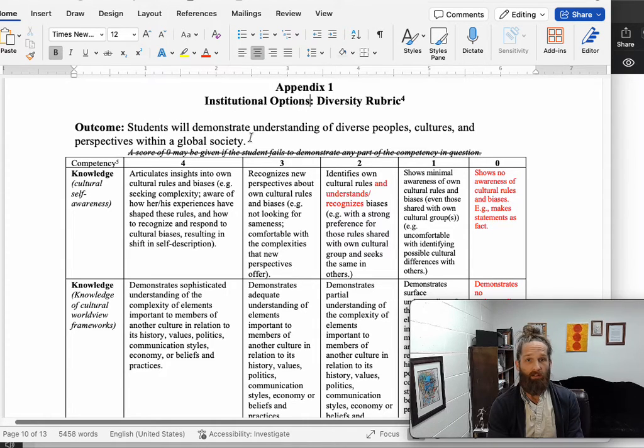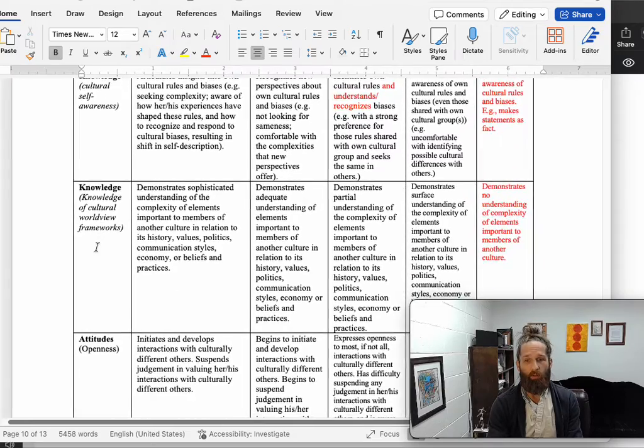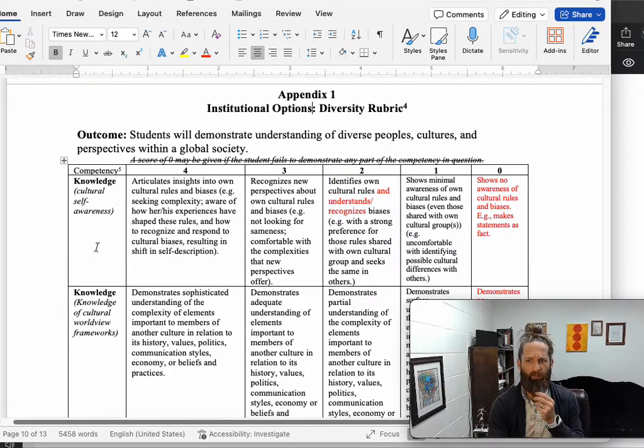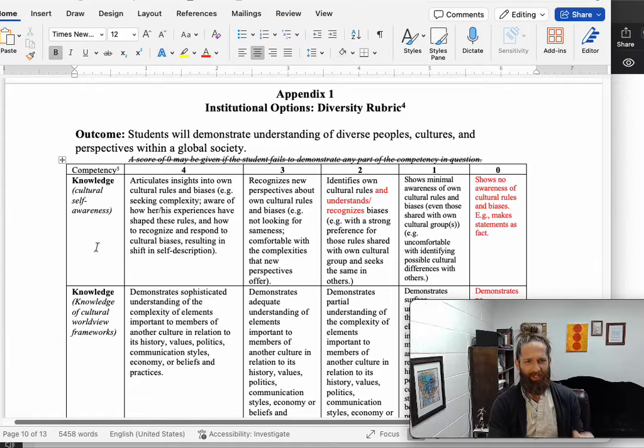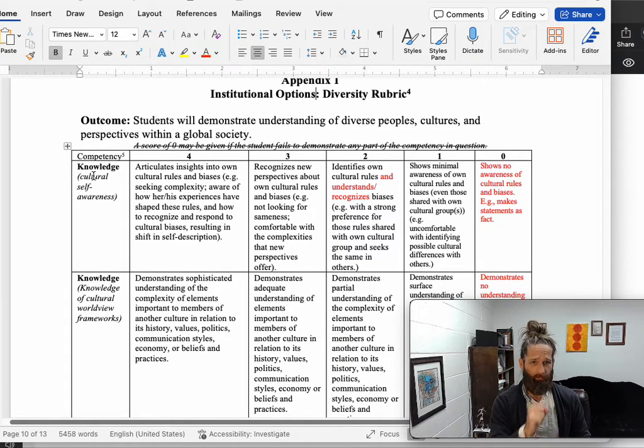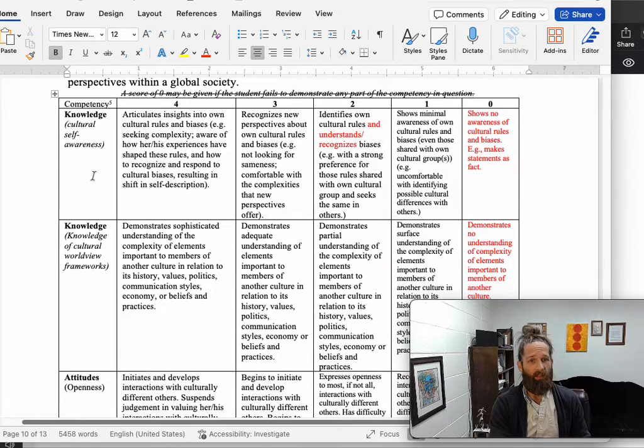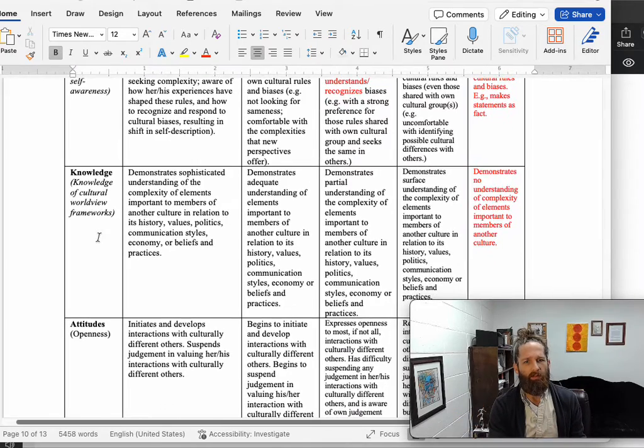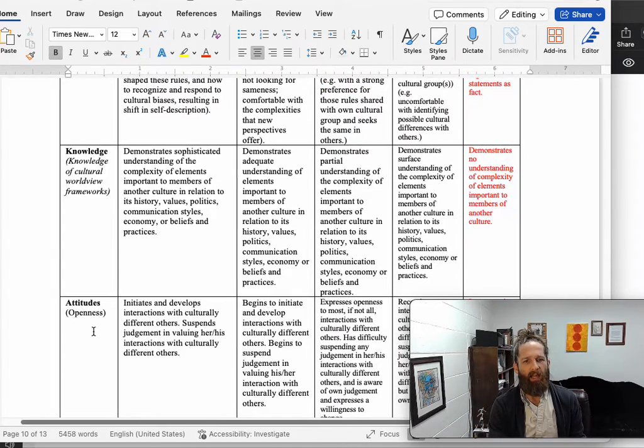Now, AAC&U lists 6 possible competencies. We chose 3, so a group of about 30 of us, I believe, voted on them and came up with these 3. One of them is cultural self-awareness, and I think I shared this earlier, knowledge of other cultural frameworks, or worldview frameworks, and then attitudes of openness.